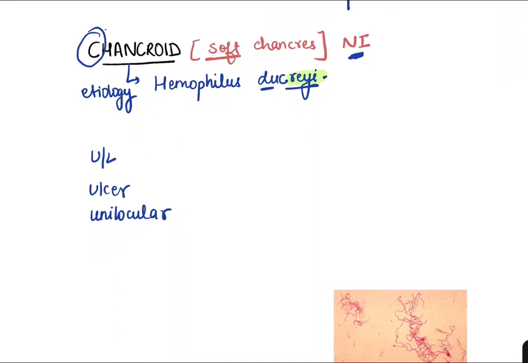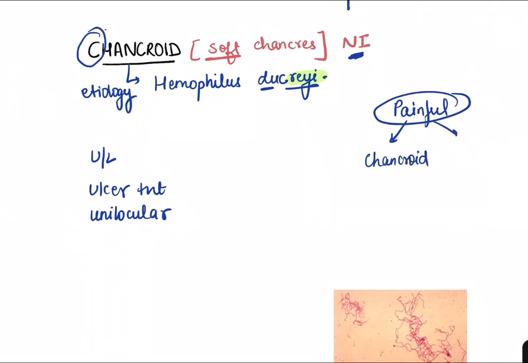First there is a primary chancre, then it breaks up and forms ulcers, and that will be painful. In genital ulcers, we just have to remember 2 diseases which are painful. The first is chancroid, which is very painful, and the second is herpes simplex virus, which is also very painful.